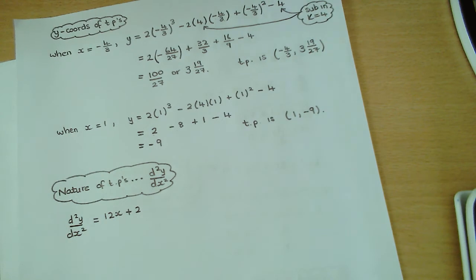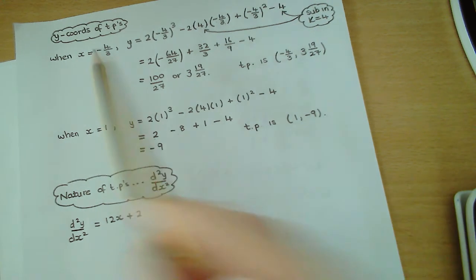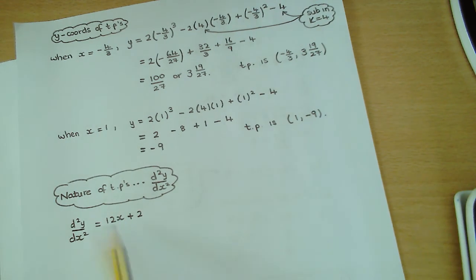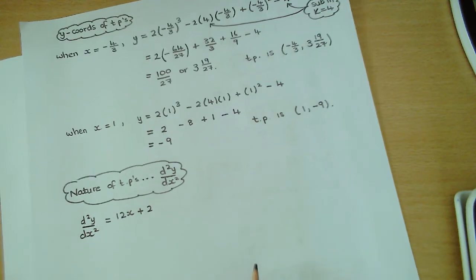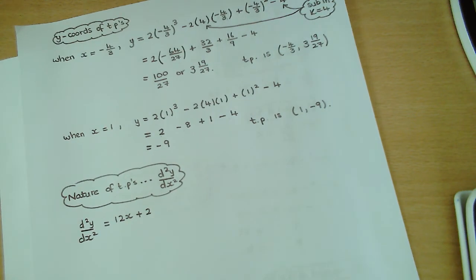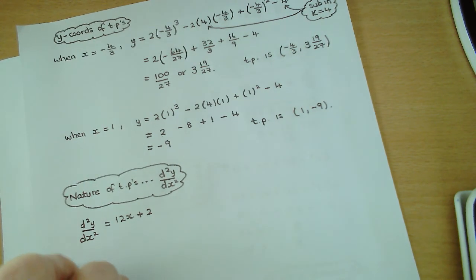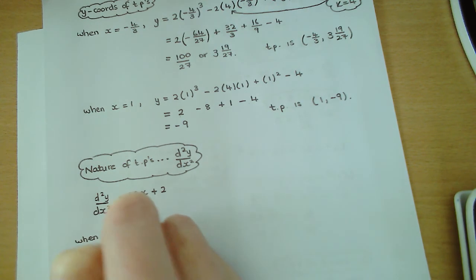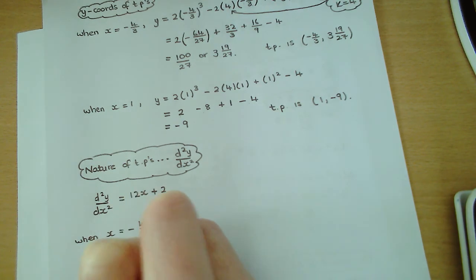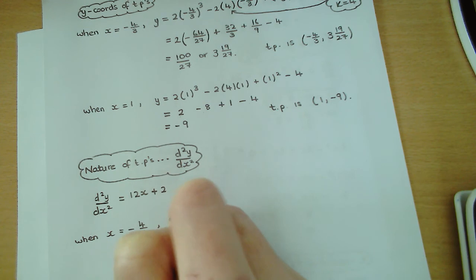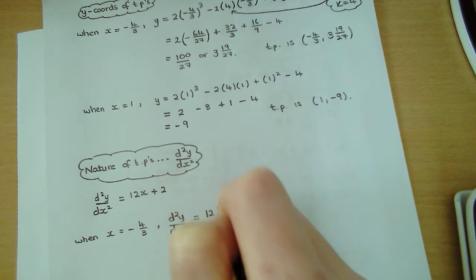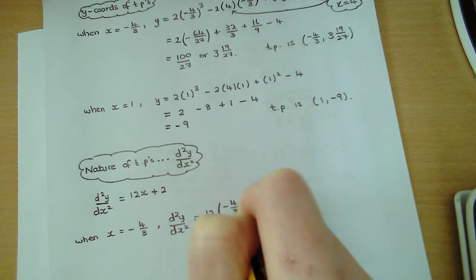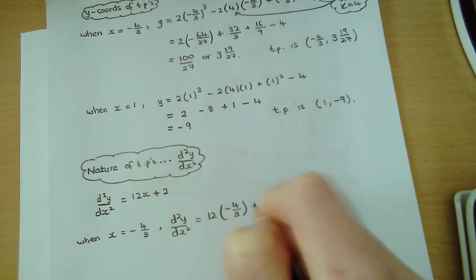Okay, so plan now is we're going to sub the x coordinate of each turning point into the second derivative to work out whether it's a max, a min, or possibly a point of inflection. So when x equals minus 4/3, the second derivative is 12 times minus 4/3, and then we're adding on 2.